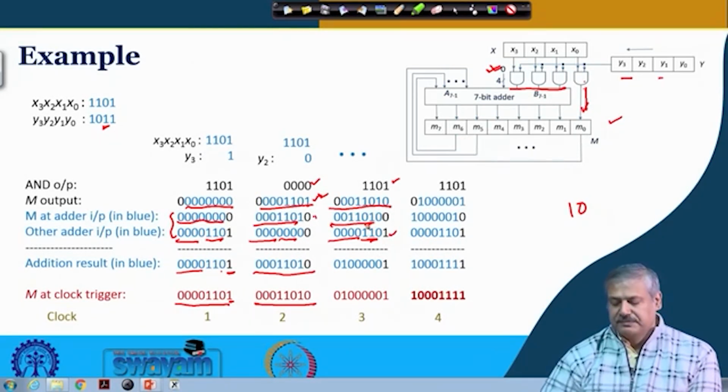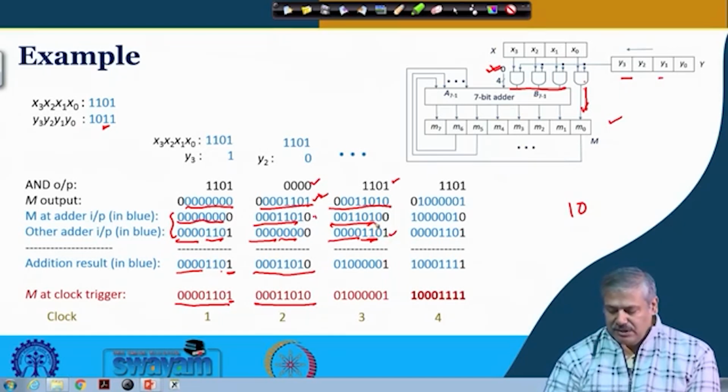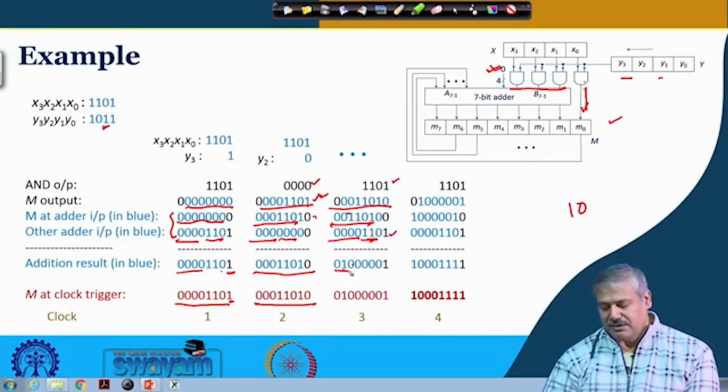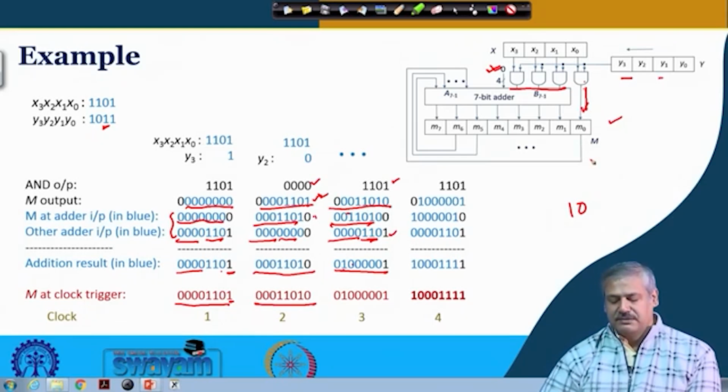Then if you add, this is 1, then 1 plus 1 is 0, 1 plus that carry is 1, 0, carry is 1, 0, carry is 1, 0, and then we have got a 1. So, this is your M register, which will be taking the value after clock 3.